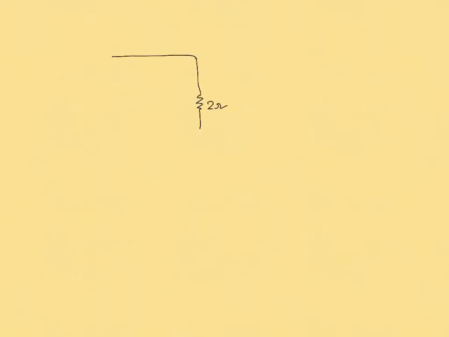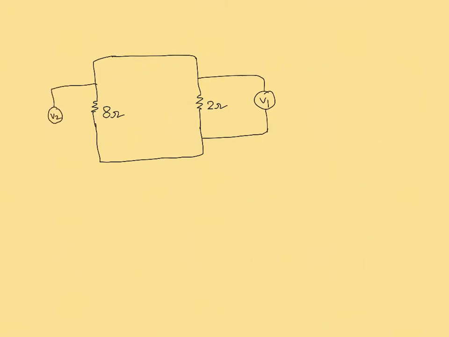So this was 2 ohm, and this was 8 ohm, and this is a voltmeter. Say that is an ideal voltmeter, so almost infinite resistance. So there will be no branching of current through the voltmeter, and this magnetic field region is there, so that this d phi dt happens to be 10 volts.